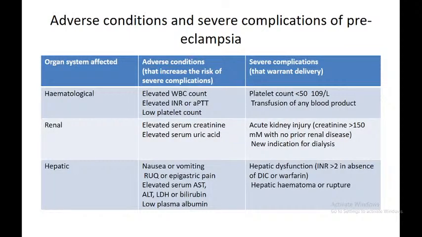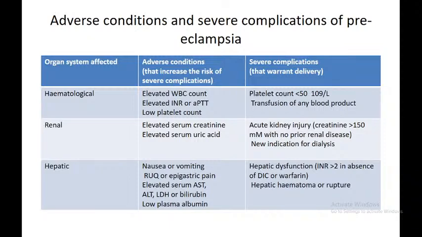And hematological complications: the adverse conditions are an elevated WBC count, an elevated INR or APTT values, or the platelet counts will be less, and usually it results in thrombocytopenia and HELLP syndrome. In the renal system, there can be acute kidney injury, and a few of the patients might even require dialysis.